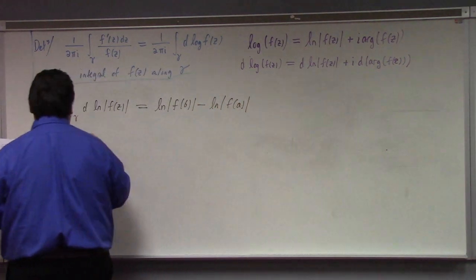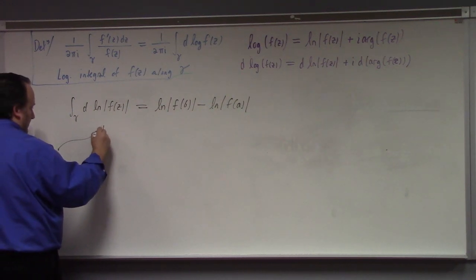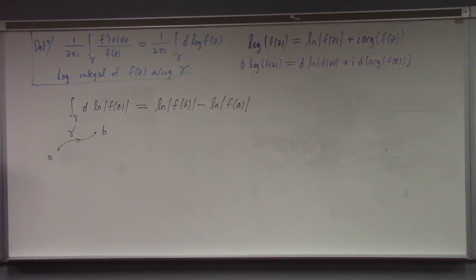Here I'm not thinking of gamma as closed for the moment. Suppose gamma goes from a to b, then that would be that integral. Of course, if it's a closed curve, it integrates to 0.